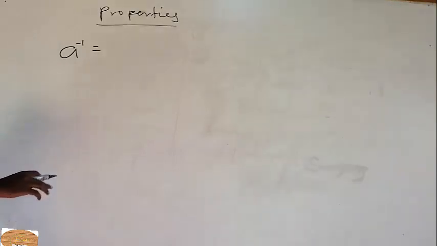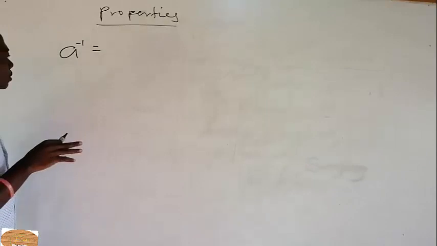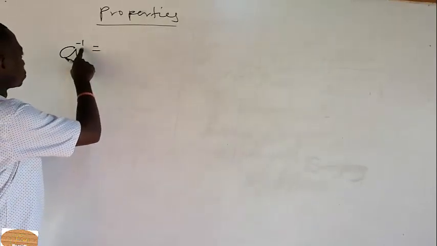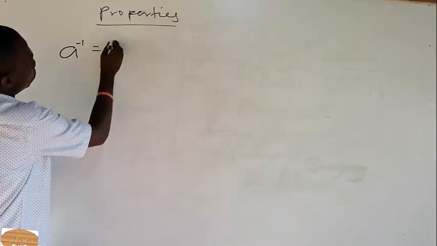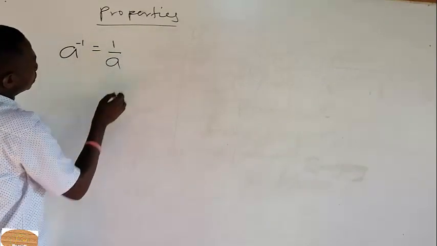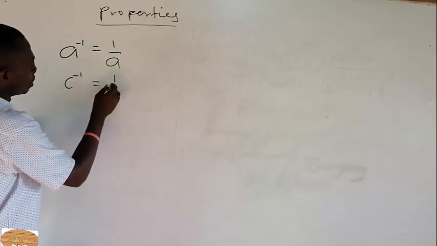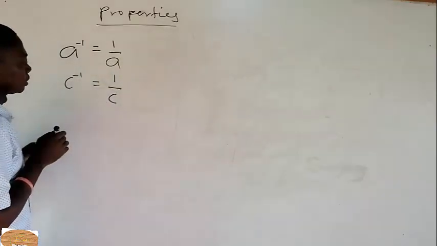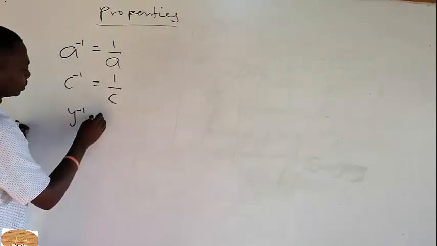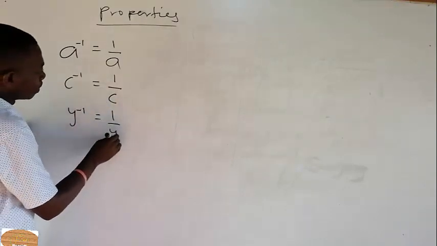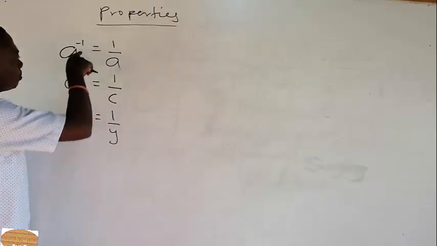Alright, so this one is negative index. In case we're given a to the power minus 1, this is the same as 1 over a. So y to the power minus 1 is the same as 1 over y. So what if here is 2, that is minus 2?